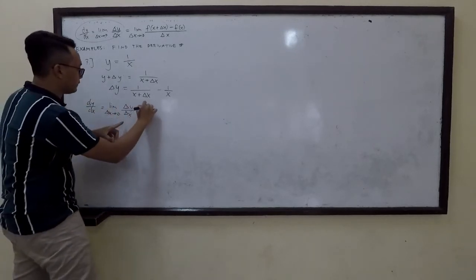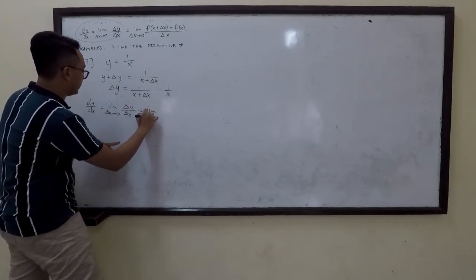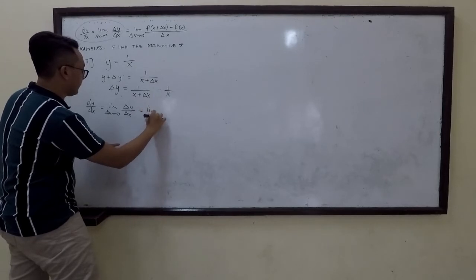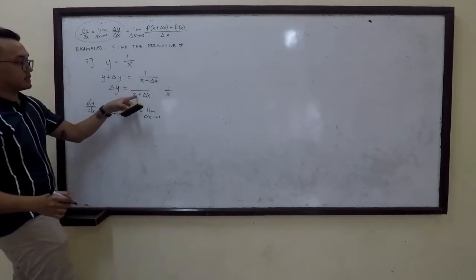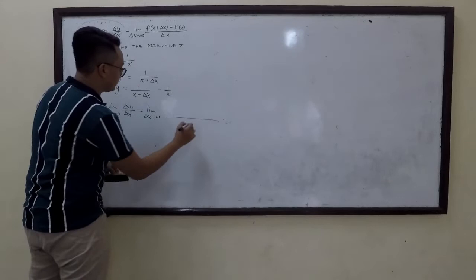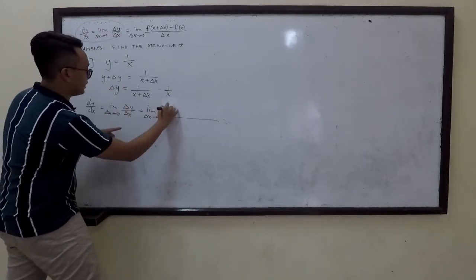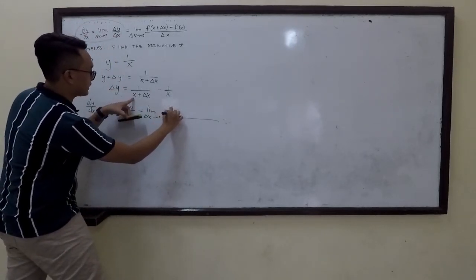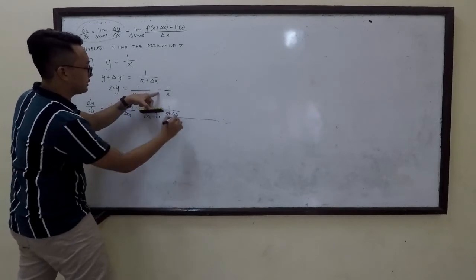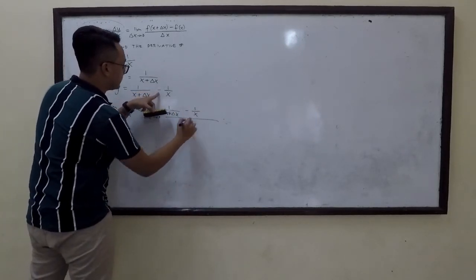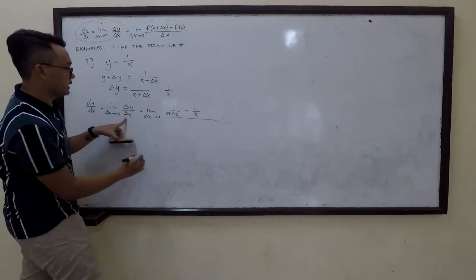So the value of our delta y is this. So our delta y is 1 over x plus delta x, then minus 1 over x, then over delta x.